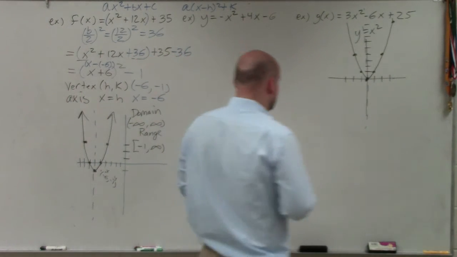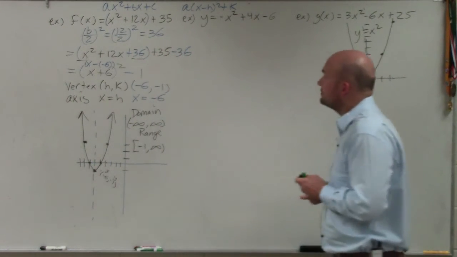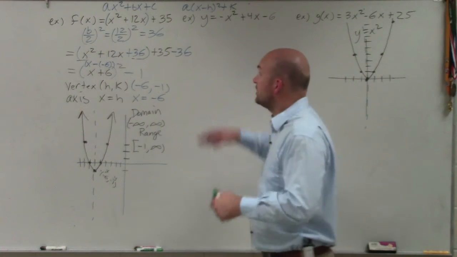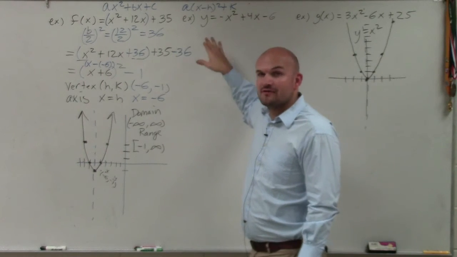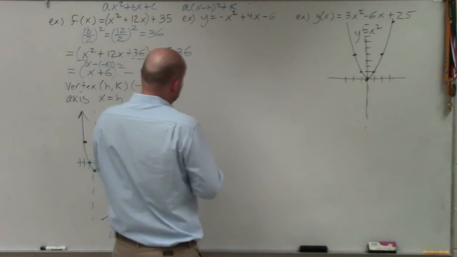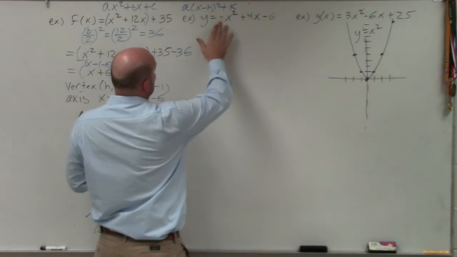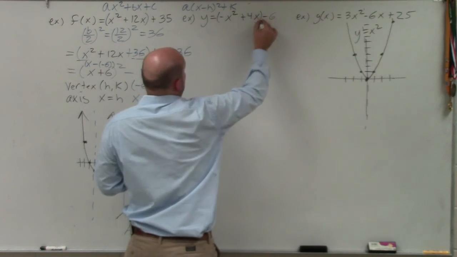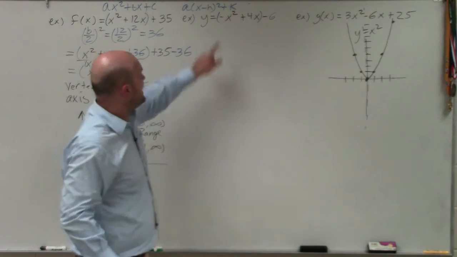And there you go. OK, so now let's get into the next one. And this one kind of comes into that step number 2 that I talked about, where we have a value now that's in front of our x squared. But we can still apply the same process here. So in this example, I'm going to, again, group my first two terms, my quadratic and my linear term. Now I see, though, my a is not equal to 1.